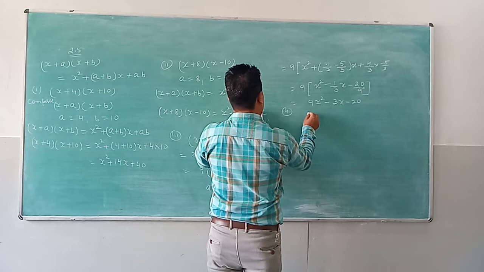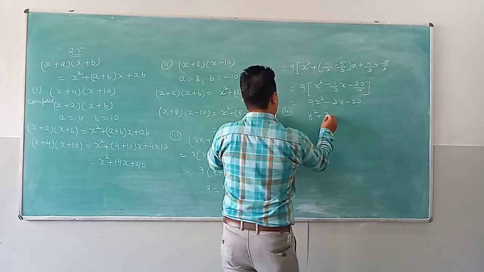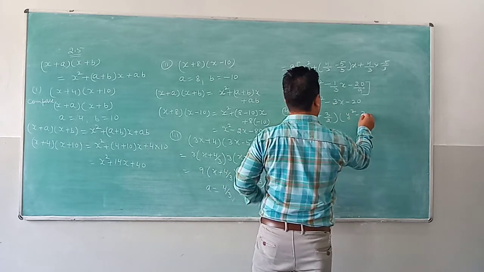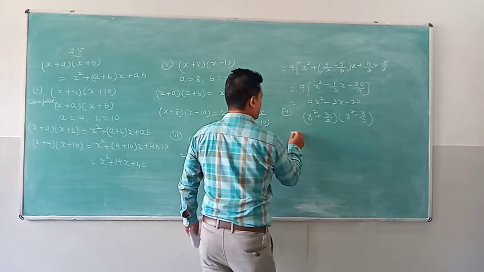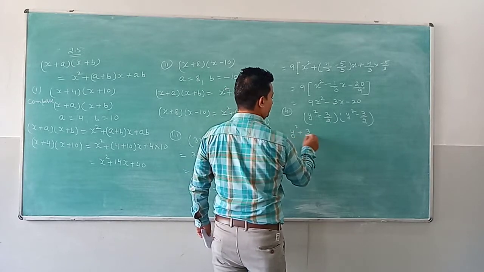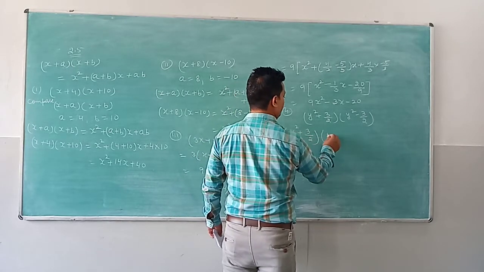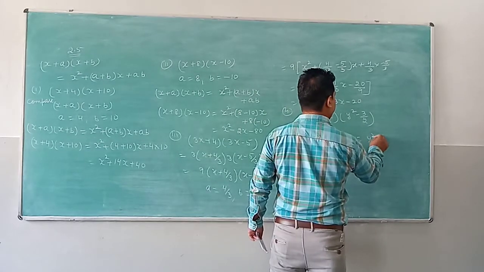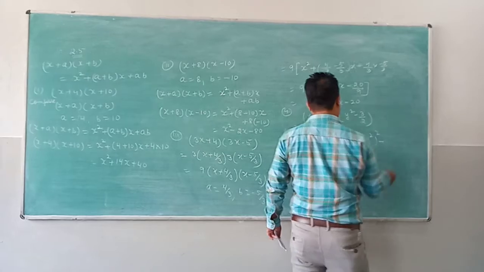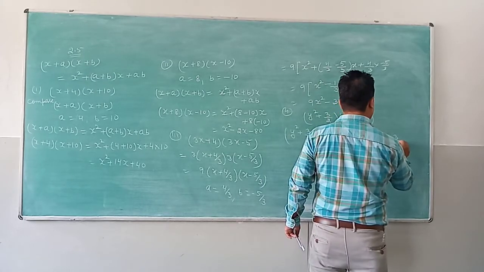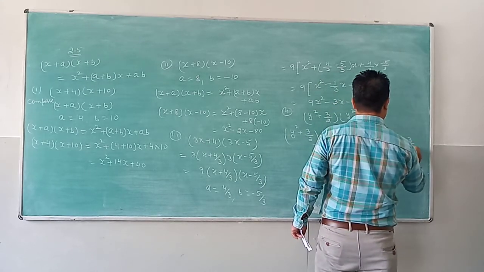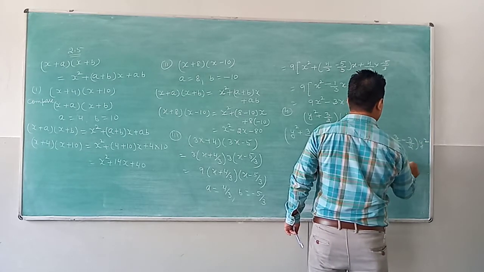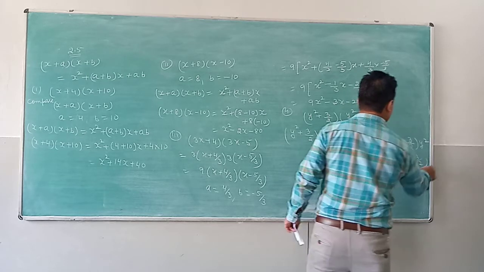In question number 4, (y² + 3/2)(y² − 3/2). In this identity, this is x², which is equal to y². a is 3/2, b is −3/2.